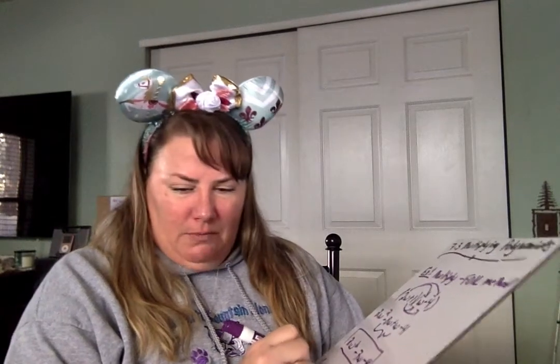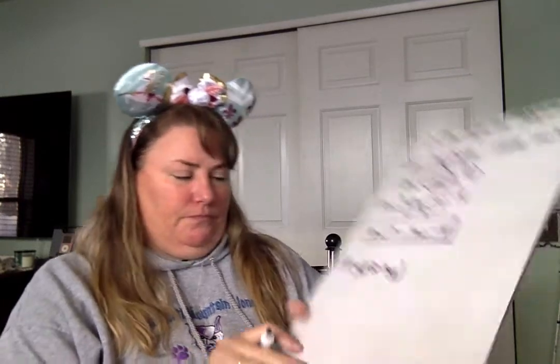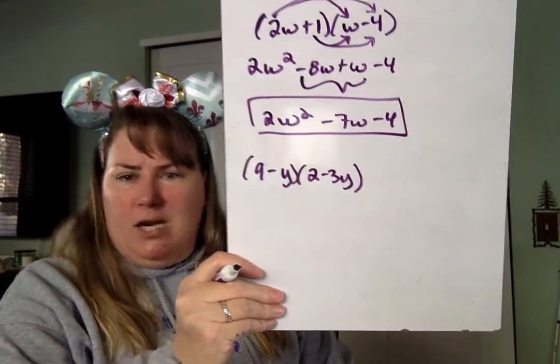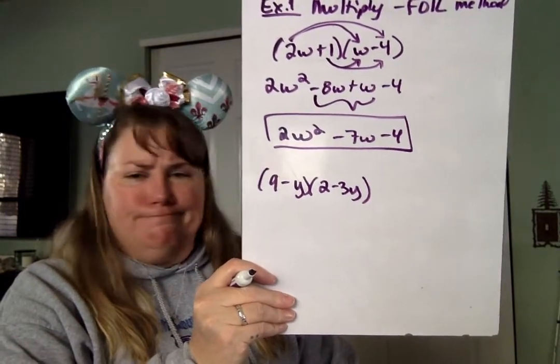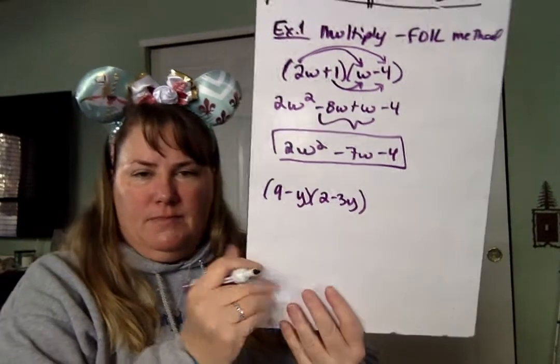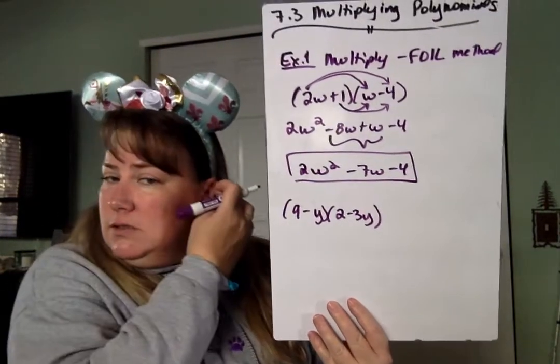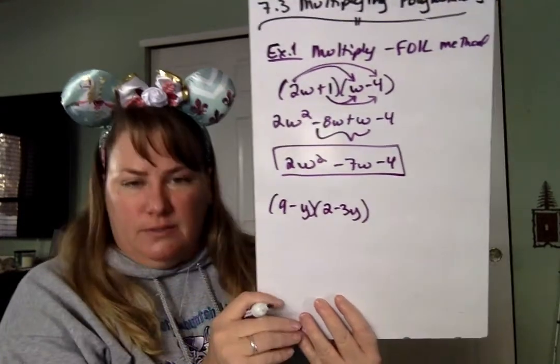Okay, let's do another one. Let's go 9 minus y times 2 minus 3y. And are we going to freak out because it's written backwards? No. Doesn't matter. You still do the same exact thing. Even though these guys are not in standard form, it doesn't matter. We're going to put our answer in standard form at the end.